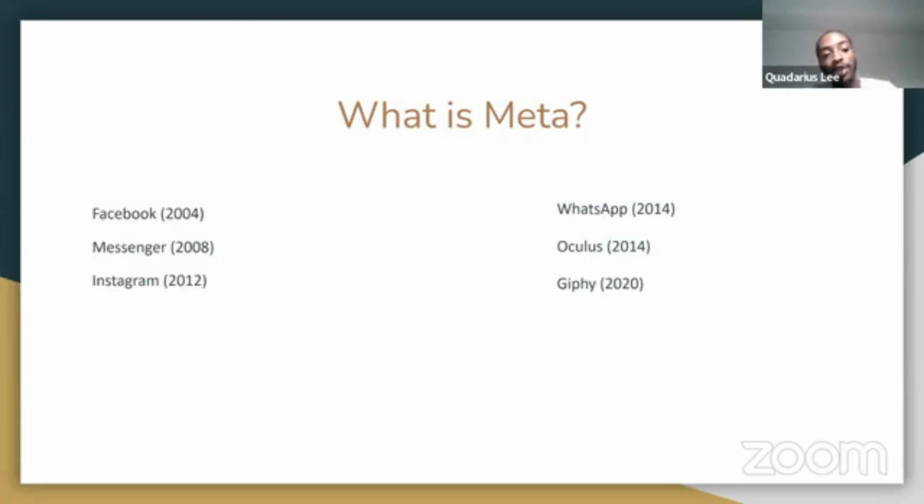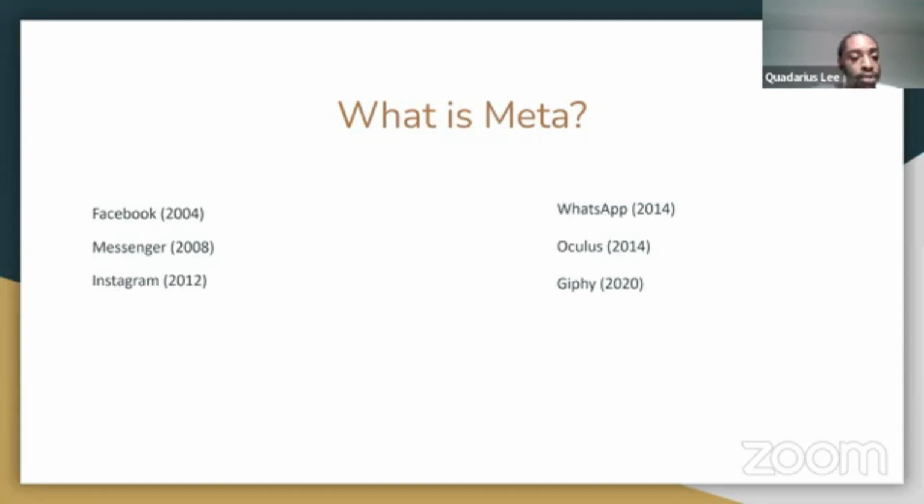WhatsApp is a multi-platform app which allows you to make video calls, phone calls, and text messages with just a Wi-Fi connection. Now, back then I didn't really have a phone like that, so WhatsApp was a little bit more prominent, and it played a much bigger role before technology kind of took storm. So lastly, we just have Oculus and we have Giphy.